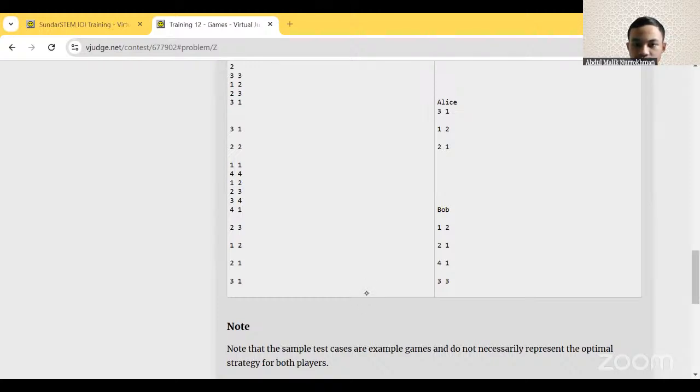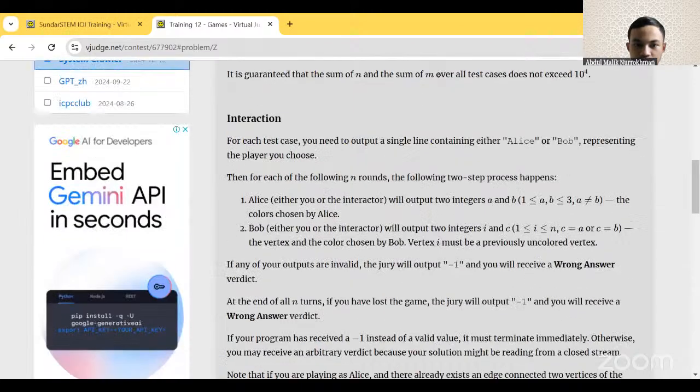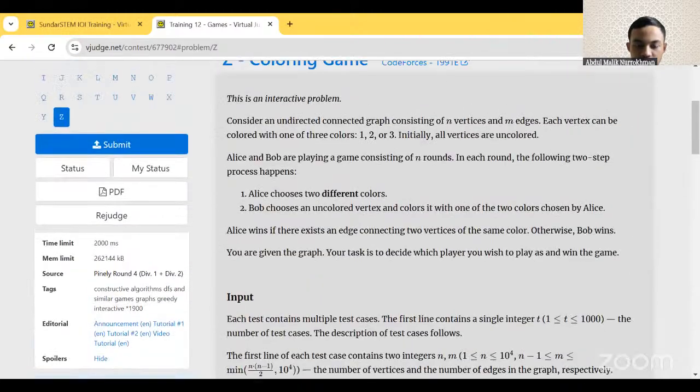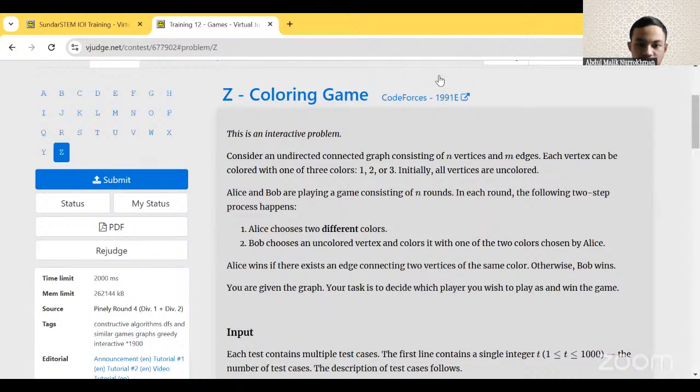All right. So let's find the optimal strategy for Alice at first. What should Alice do? What is the strategy for Alice?